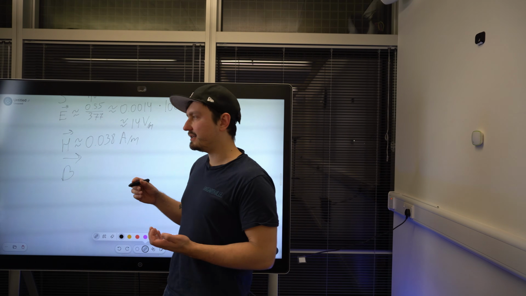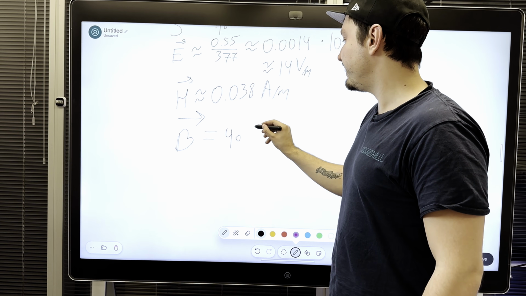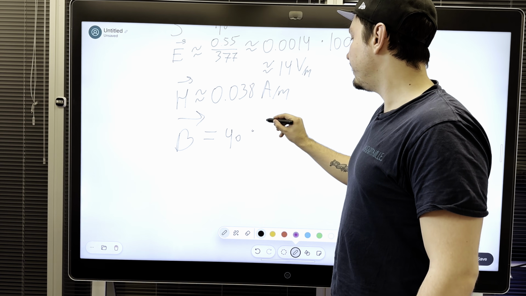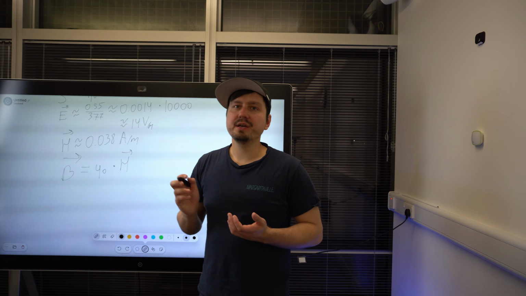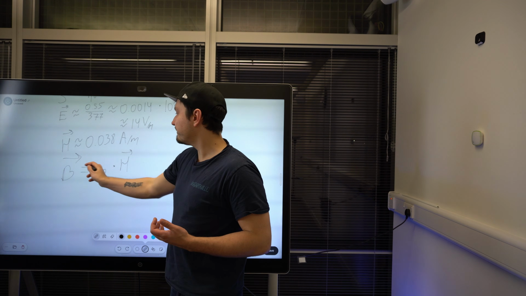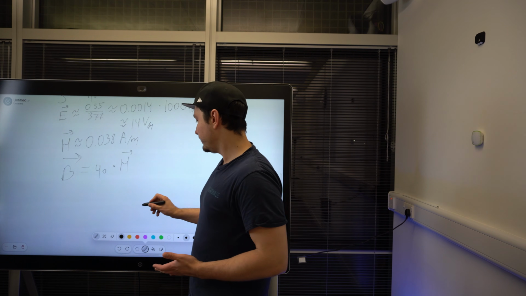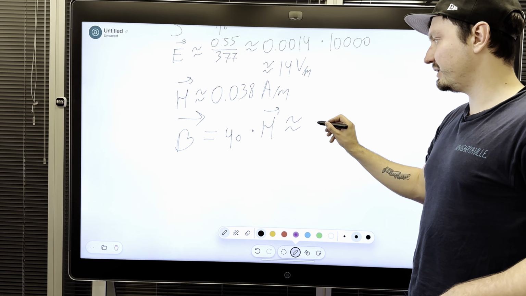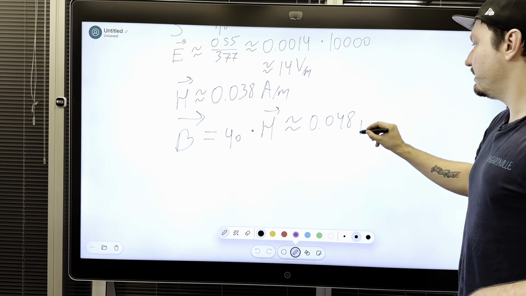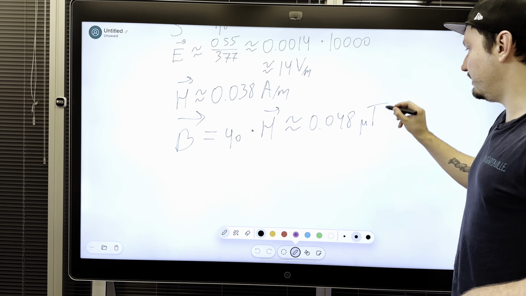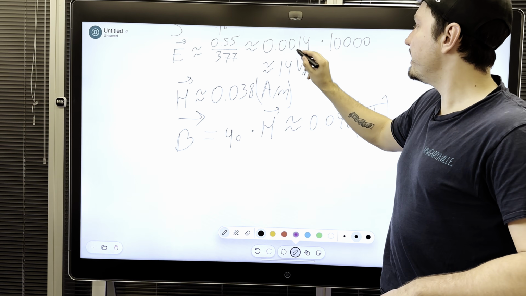And magnetic flux density B is equal to permeability of free space multiplied by H. The unit of measure for B is Tesla, but because this value is going to be extremely small, we're going to express it in microteslas, and this is going to be approximately equal to 0.048 microtesla. So this is the unit of measurement.